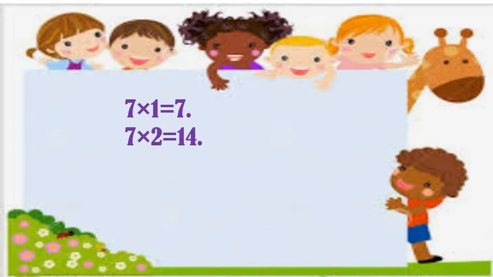Seven twos are 14. Seven threes are 21. Seven fours are 28.